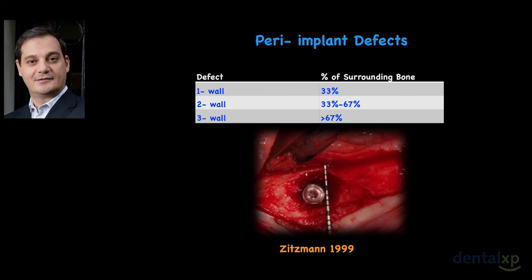And when we look at the defects, you have multiple walls. You have 3 walls when it's completely contained, 2 walls when we lost some of that wall, and 1 wall when we have nothing other than one wall. And the importance of the wall is not only the containment of the graft, but also to give a blood supply that comes from the marrow of the walls into the bone graft that we are aiming to use, because that's part of the regenerative therapy.